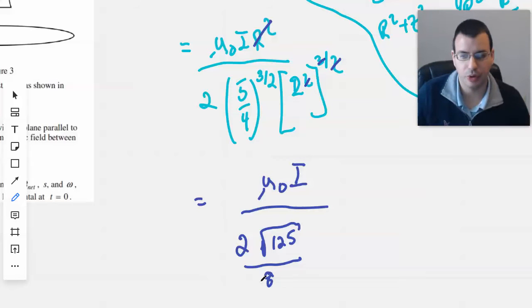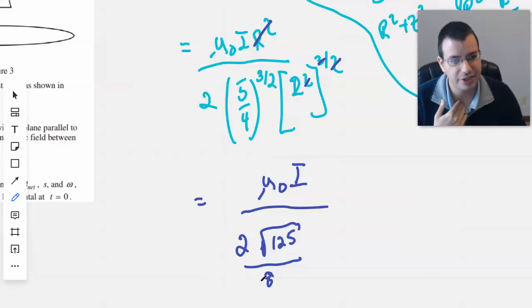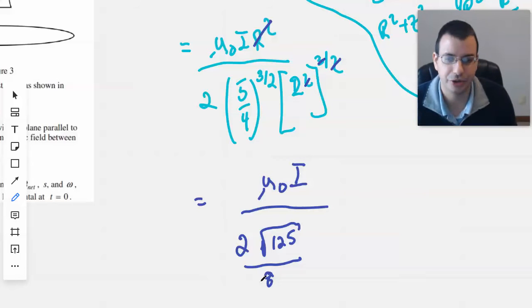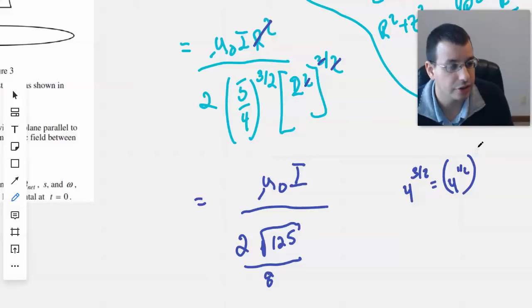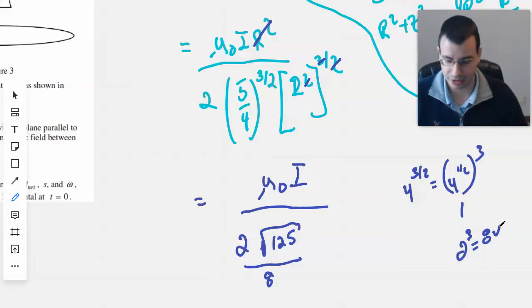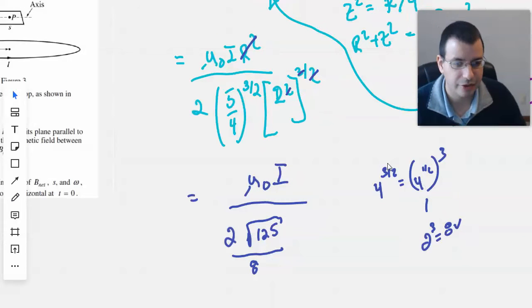I'm going to check that one real quick. So 4 to the 3 halves equals 8. It does. That's totally true, because 4 to the 3 halves equals 4 to the 1 half cubed. 4 to the 1 half is the square root of 4, which is 2, cubed, which is 8. So yes. Go math.